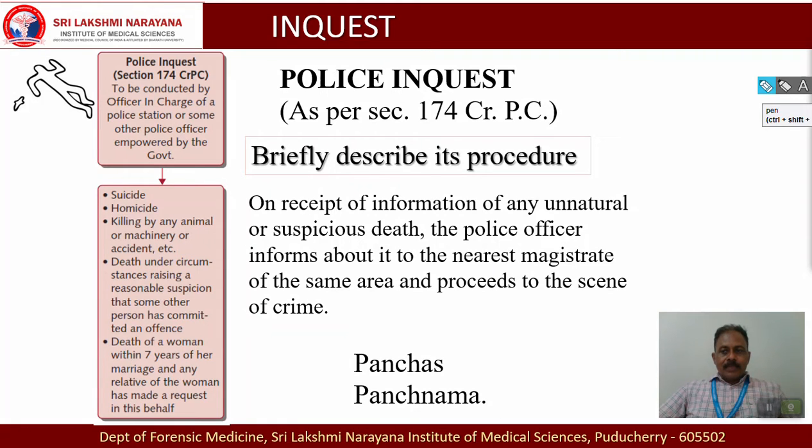That information comes from a messenger, that so and so body is lying here, or a person is found dead. He informs the police station. On receipt of the information of such suspicious death, the police officer informs the nearest executive magistrate in the same area and proceeds to the scene of crime.